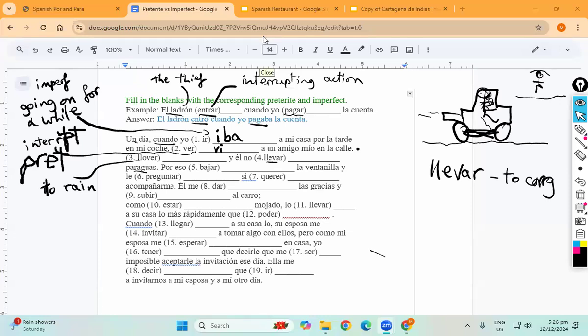If we say it was raining, if we find ourselves saying "was -ing," that means we have to use which tense? The imperfect, right? So what is the imperfect of llover?